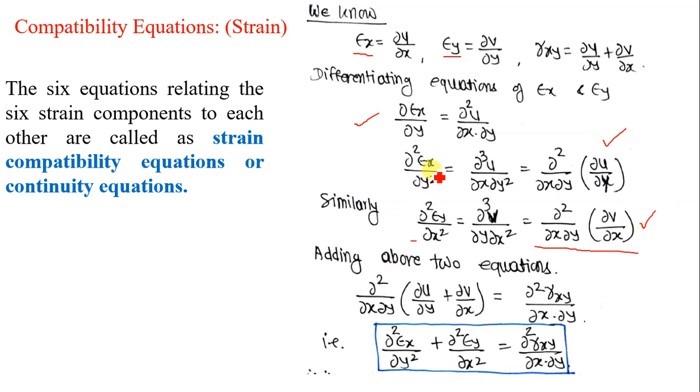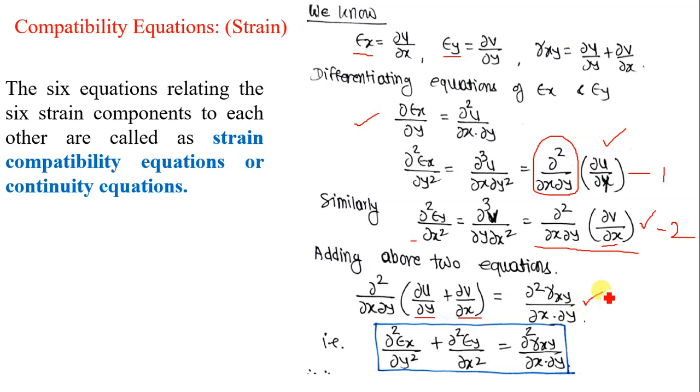Now, if we add these two equations, the first one and the second one, the left hand side is equal to del u by del y plus del v by del x in brackets, with the operator outside the bracket, and the right hand side is equal to del 2 gamma xy by del x del y.